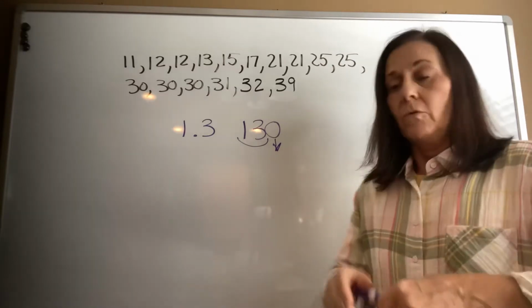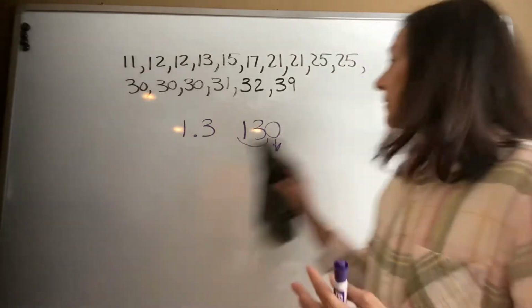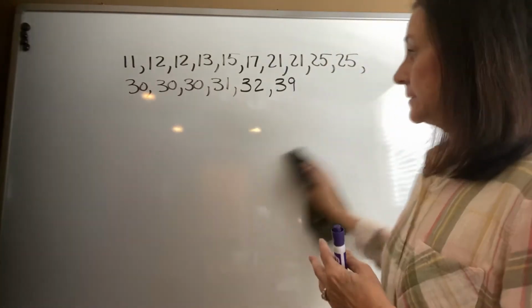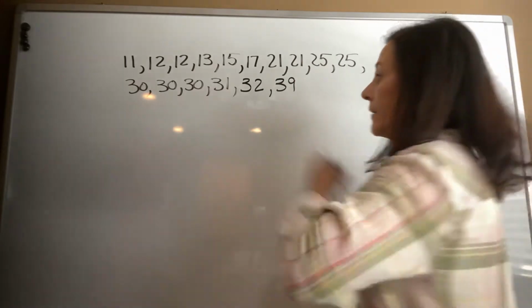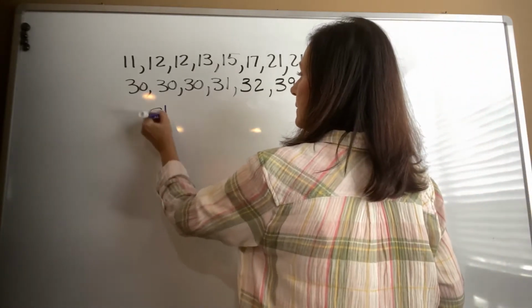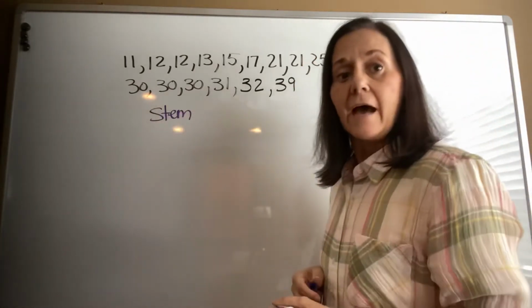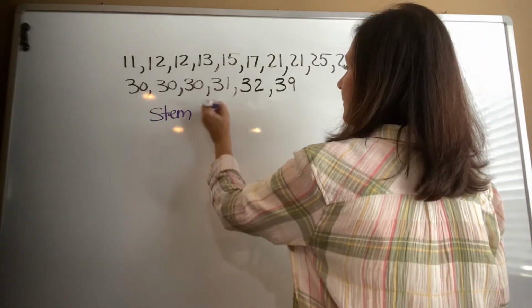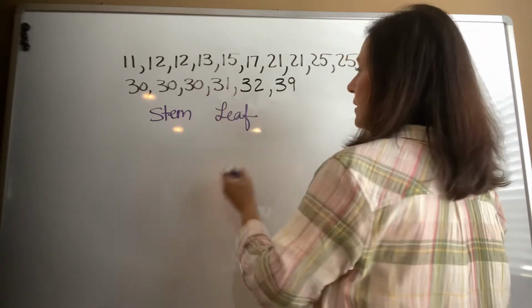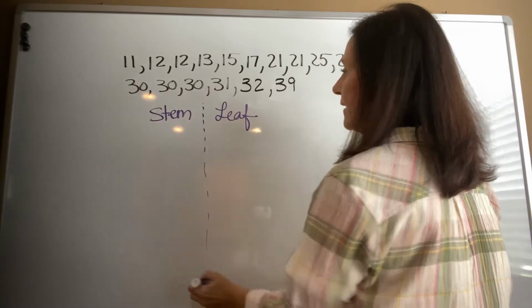All right. So when we're looking at stem and leaf plots, we write our stem to the left and our leaf to the right, and there's a line that divides them.